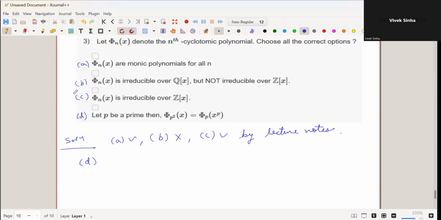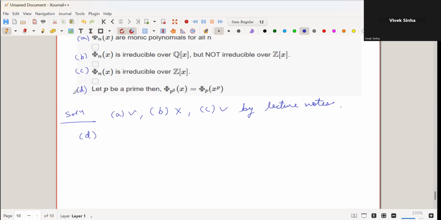So it says phi p^2 of x is phi p of x^p. So what is, we know that x^(p^2) minus 1 is the product of all cyclotomic polynomials phi d such that d divides p^2.